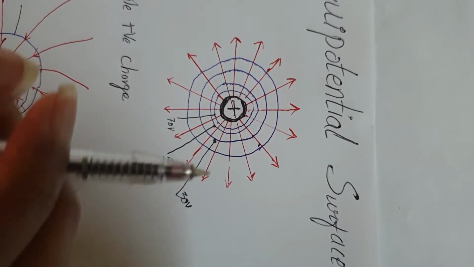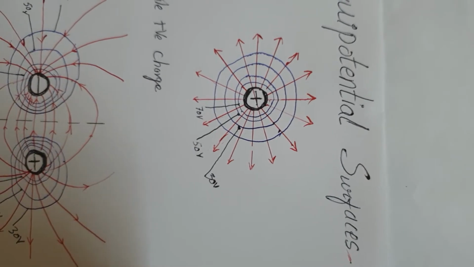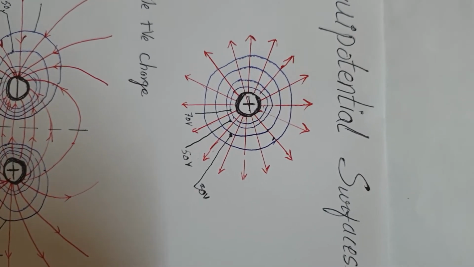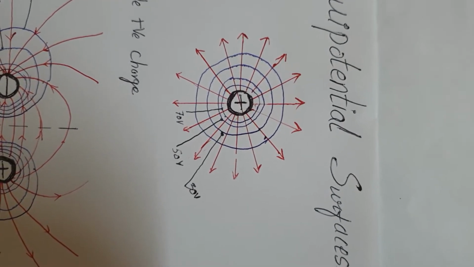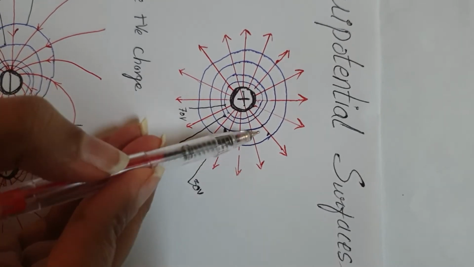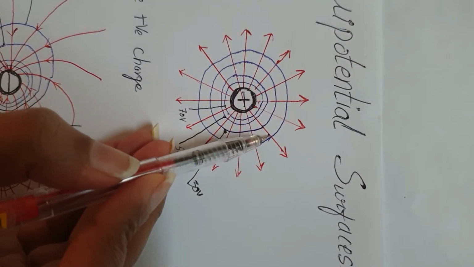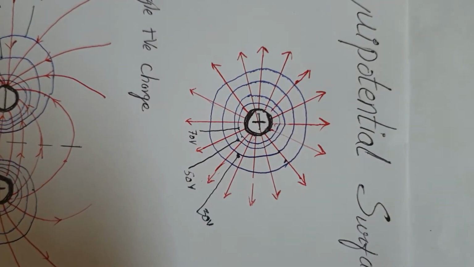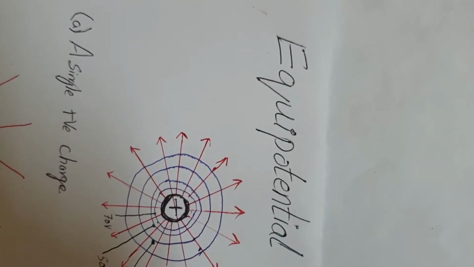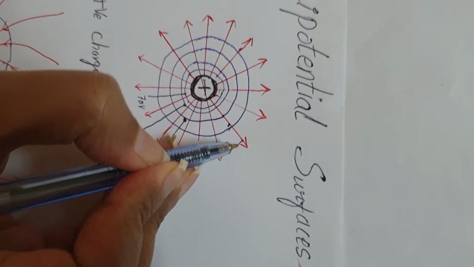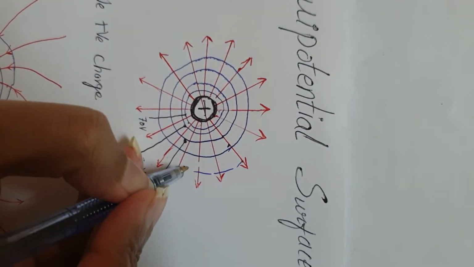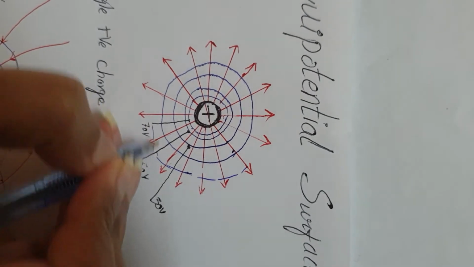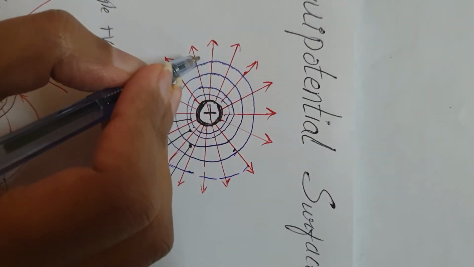On the other hand, where the electric fields are weaker, the equipotential surfaces are far apart. For example, here they are. If I draw one more equipotential surface, then that will be like this.